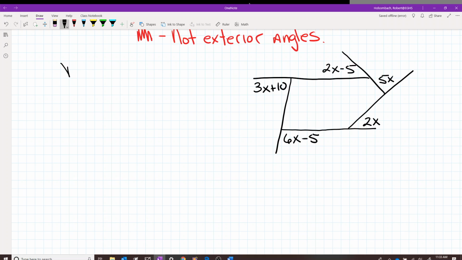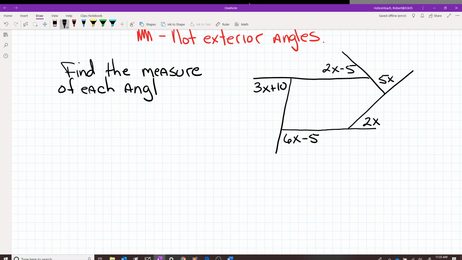So if you're asked to find the measure of each angle, you have to solve for x and substitute. These five angles added together have to equal 360. So let's combine some like terms. We have a 2x plus a 3x plus a 6x plus another 2x and a 5x.